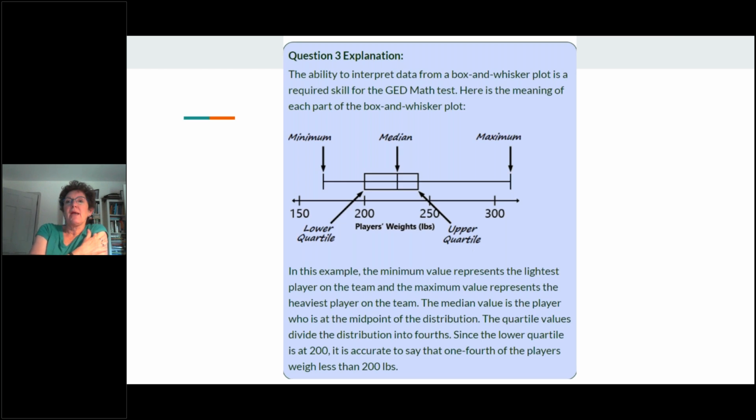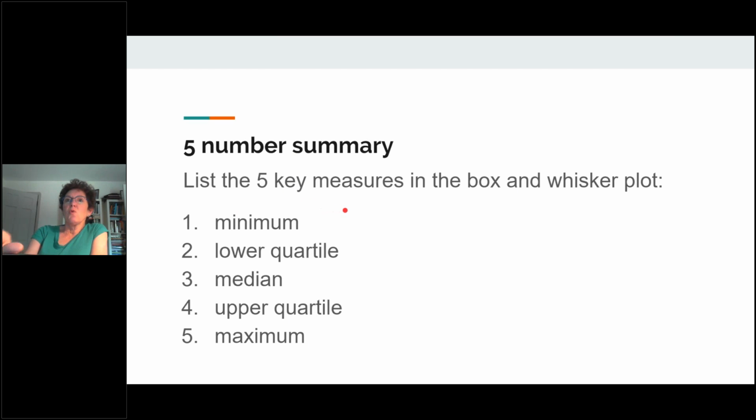So if you need to, you can pause here and copy down this information so that you have your own picture of what a box and whisker plot means. So frequently, when we're looking at a box and whisker plot, we are asked to figure out what is the 5-number summary.